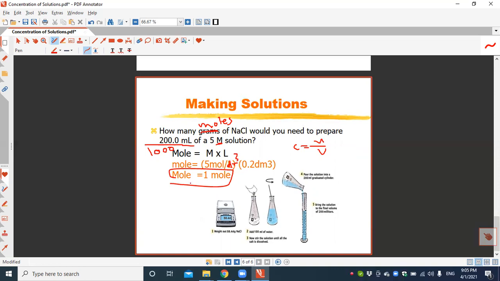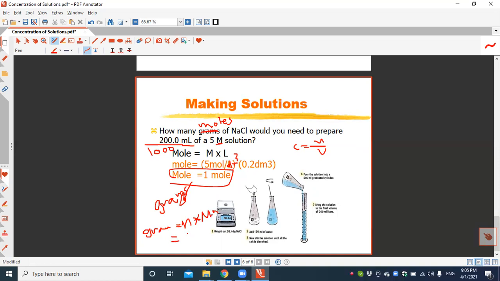How can we get 1 mole? You should convert the moles to grams by using the equation: mass equals number of moles times molar mass of NaCl.